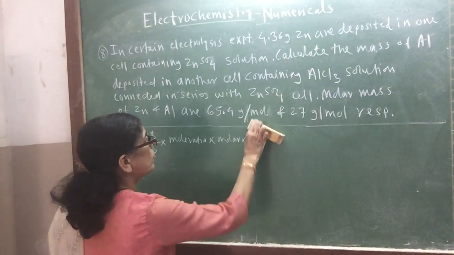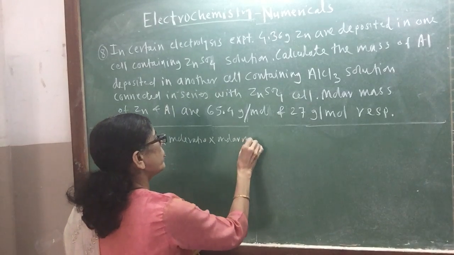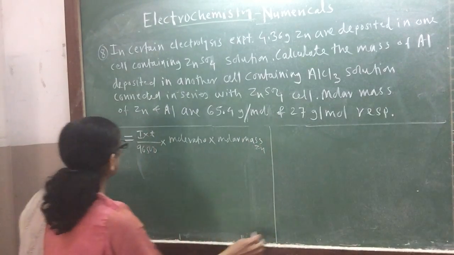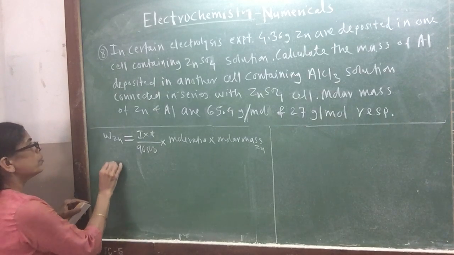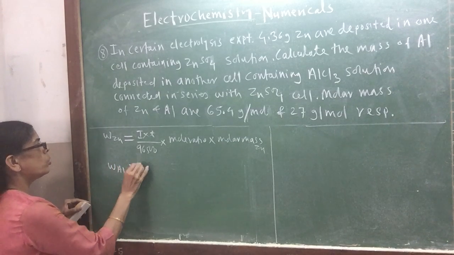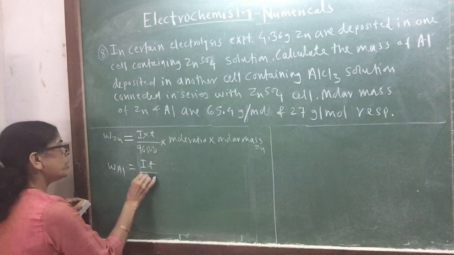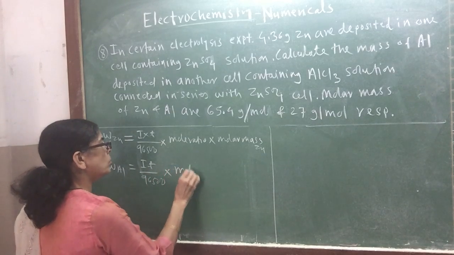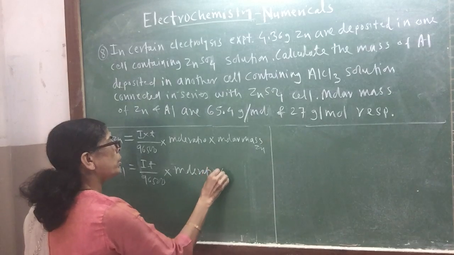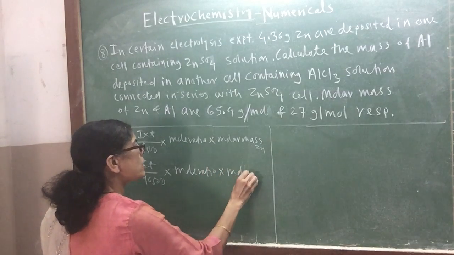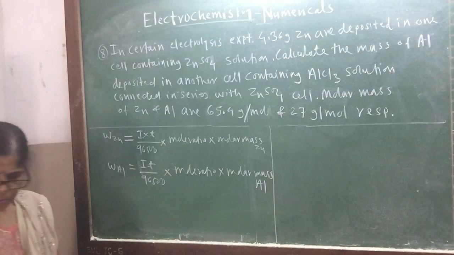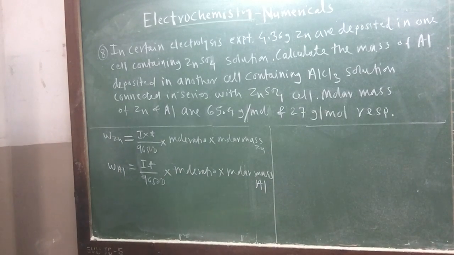Similarly, in the other cell, the mass of aluminium deposited is equal to I into T upon 96500 into mole ratio into molar mass of aluminium. Okay, you know this formula.